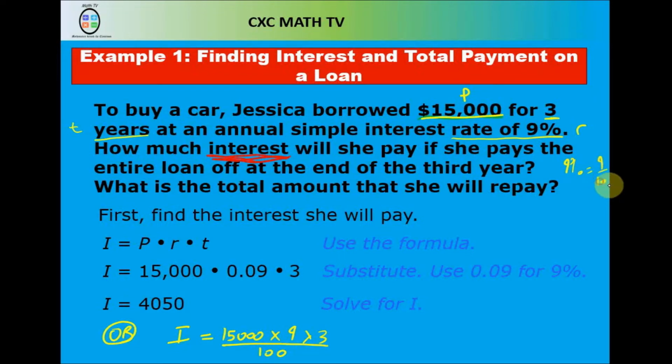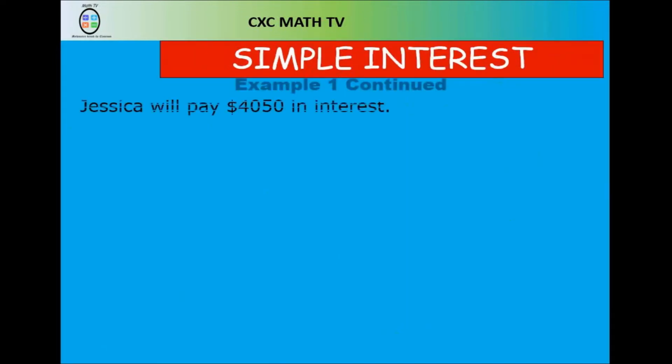So that is why we have this down here below. But remember that 9% as a decimal is 0.09. So depending on which one you want to use, you will still get the same answer, okay? But I prefer to use the decimal. It's up to you which one you like to use.